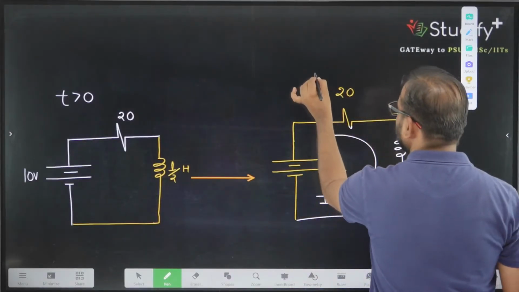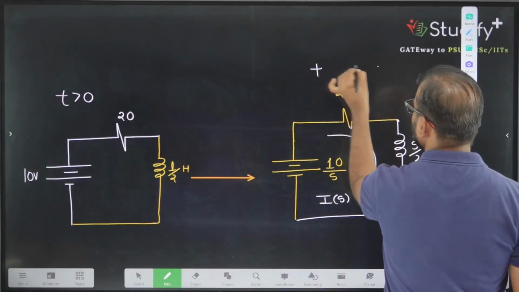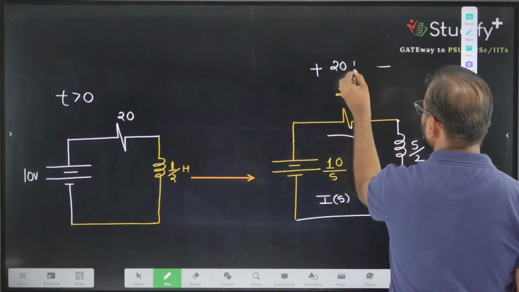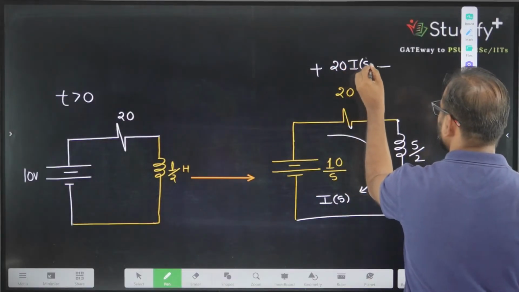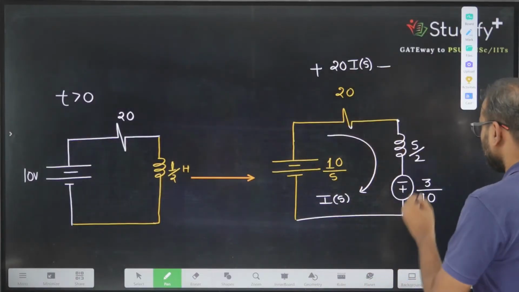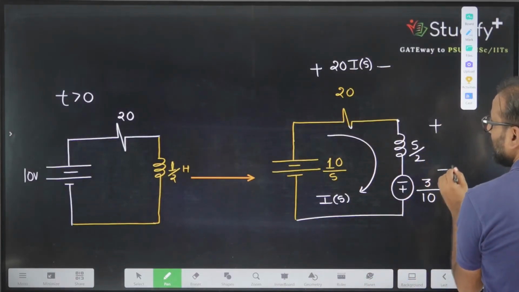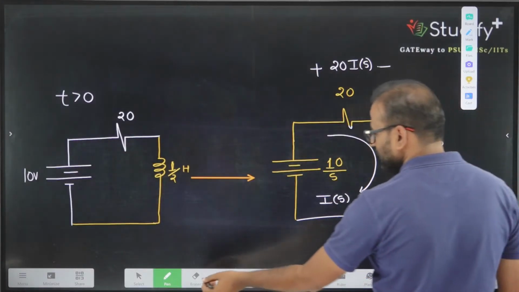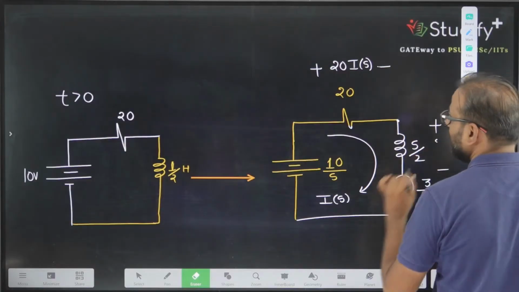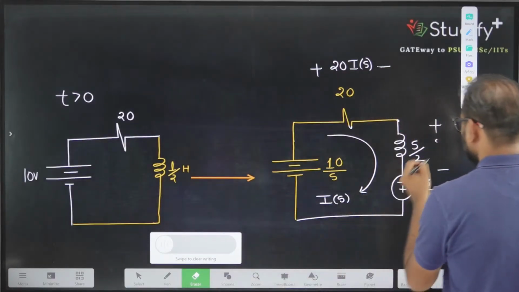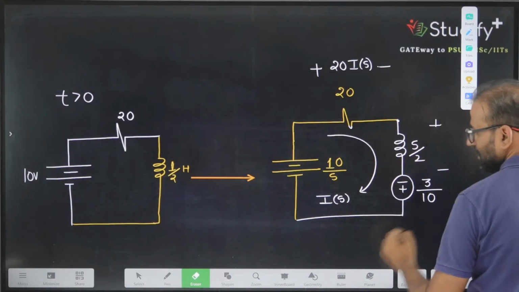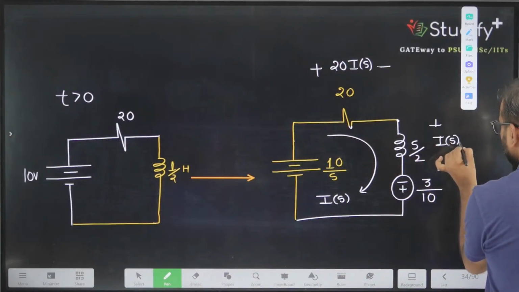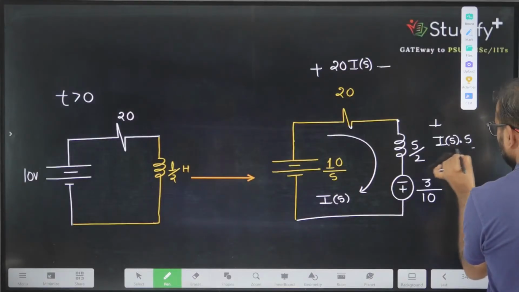This potential drop is 20 into I of S, and the current will enter from the positive polarity. So this is S by 2 into I of S.